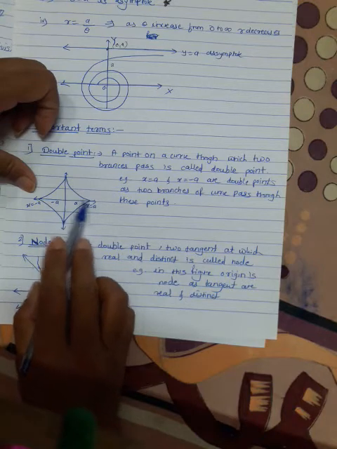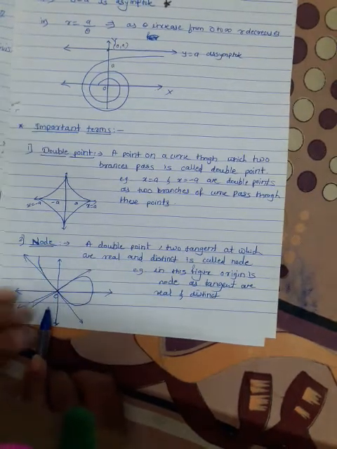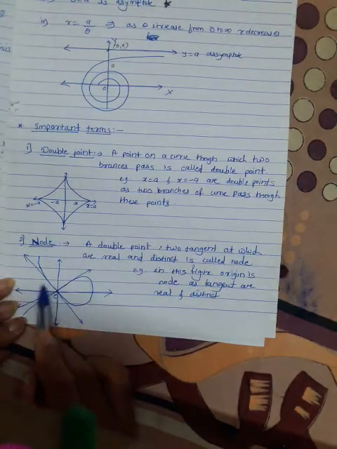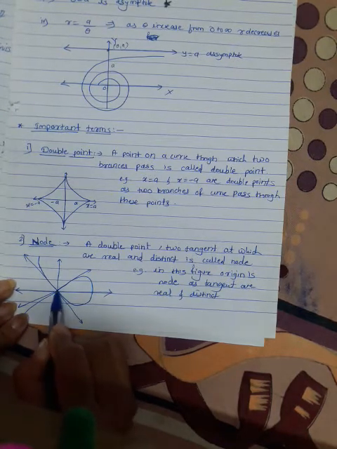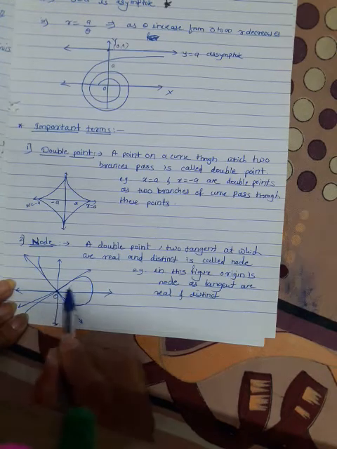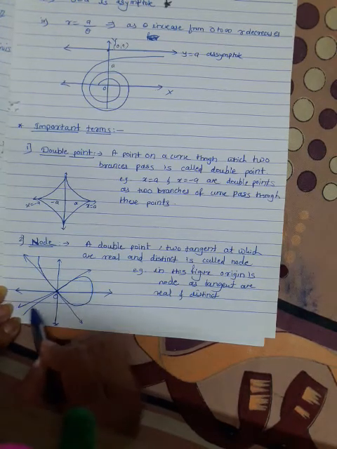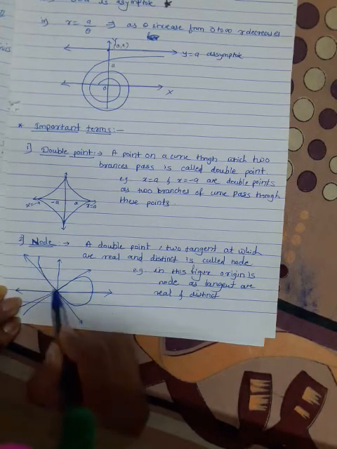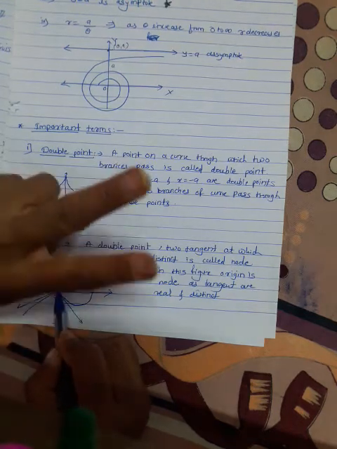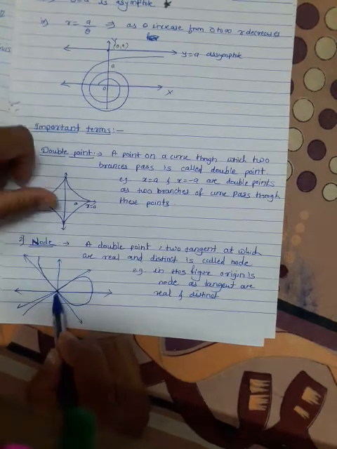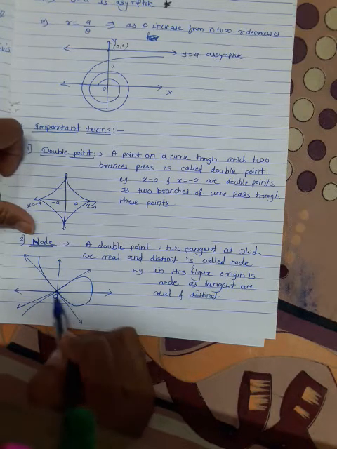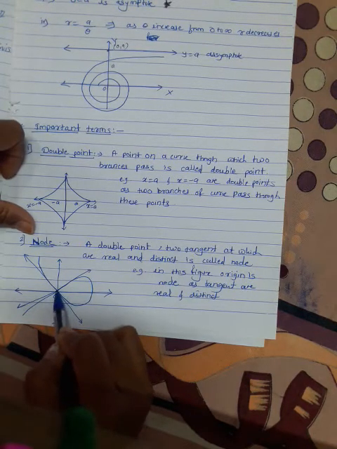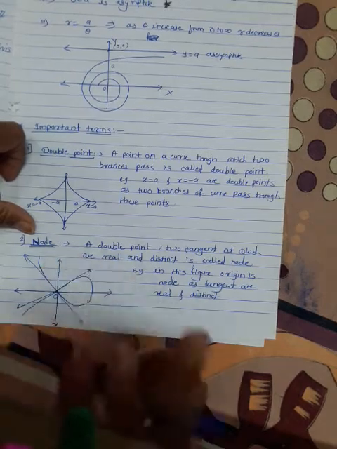Suppose this is a curve with a loop, which we have already seen. The origin is the node, because at that point this is one tangent line and this is another tangent. There are two different tangents at the same point, and different parts of the curve pass through it, that's why it is called a double point and a node.